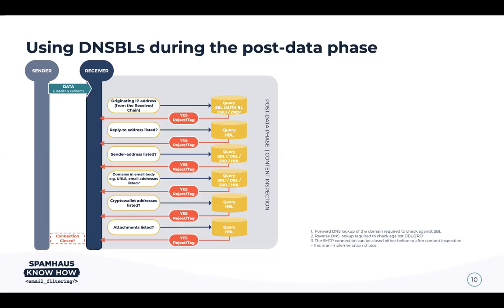In that case, you can decide to perform the analysis after you close the connection. But in that case, you can no longer reject the message. Delivering the message to the spam folder of the intended recipient is more or less your only option.